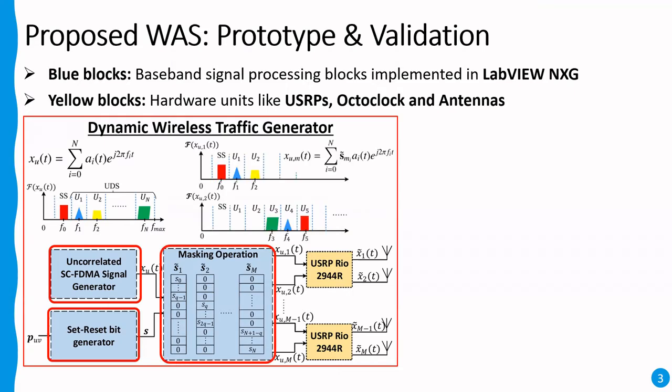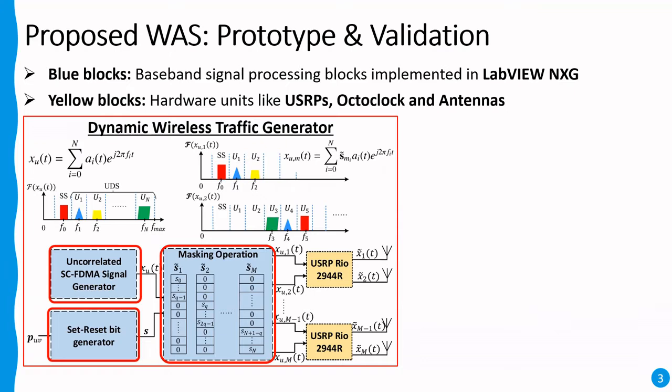For example, if the first masking vector stores the masking bits of first three bands and second masking vector stores the masking bits for next three bands and so on, then, as shown in the waveform, the Fourier transform of XU1T will have the information of only first three bands, and the Fourier transform of XU2T will have the information of next three bands only.